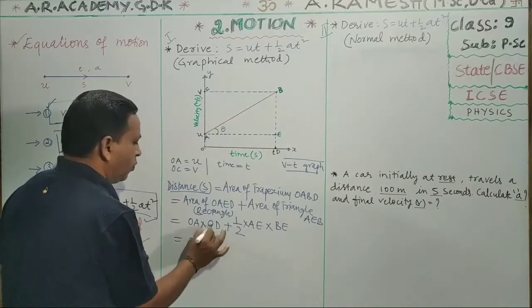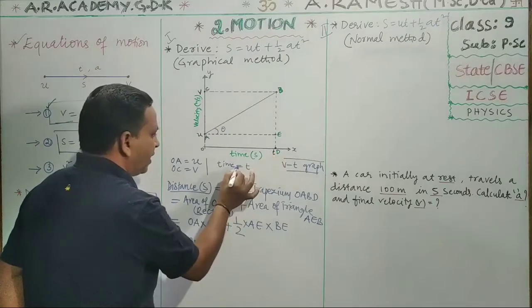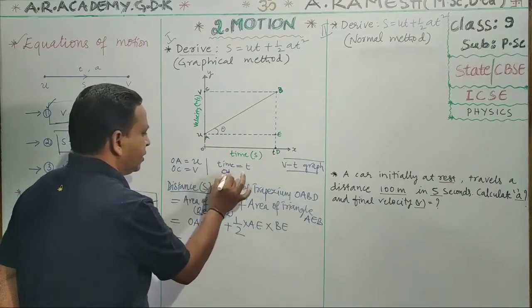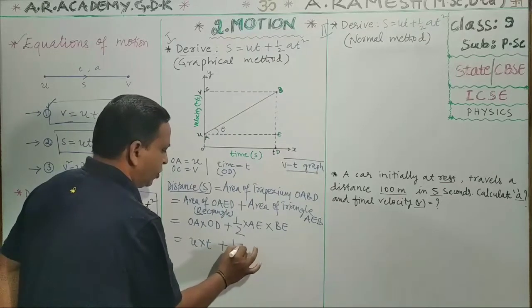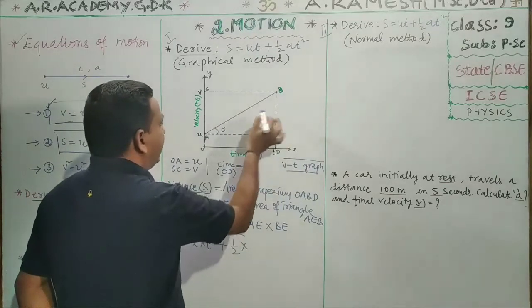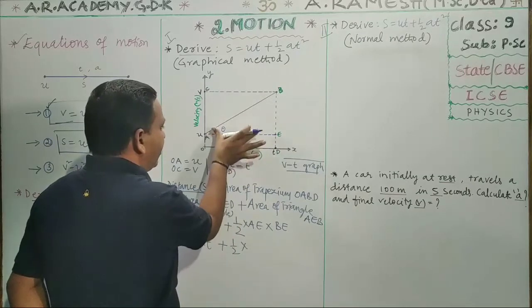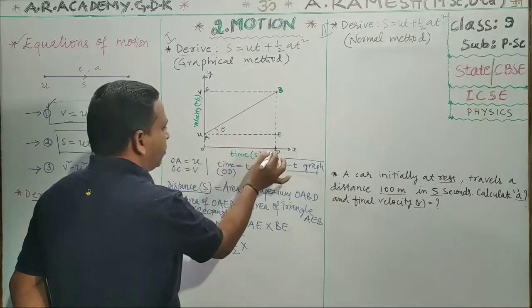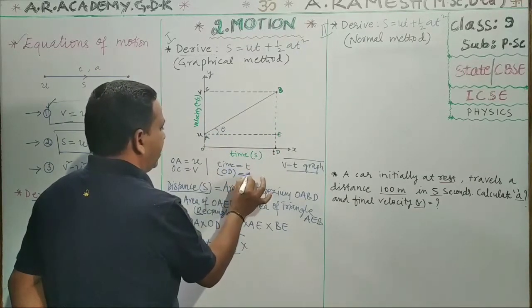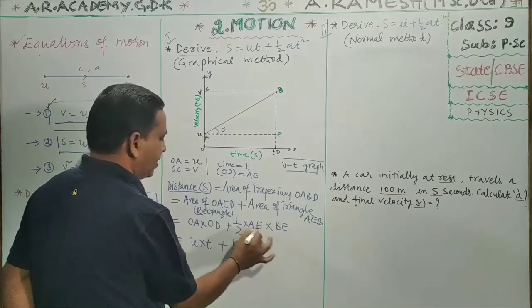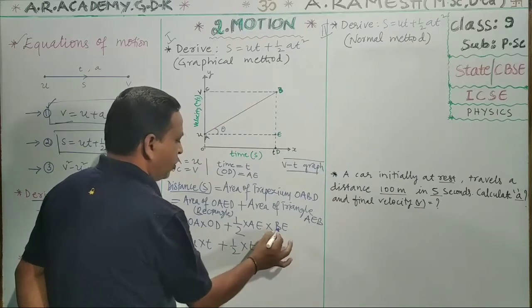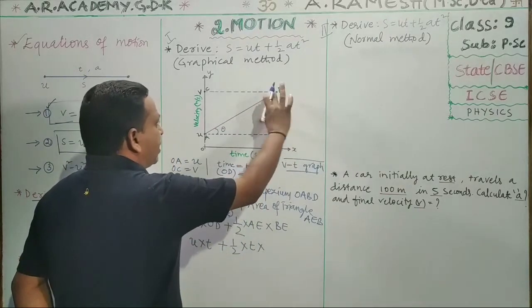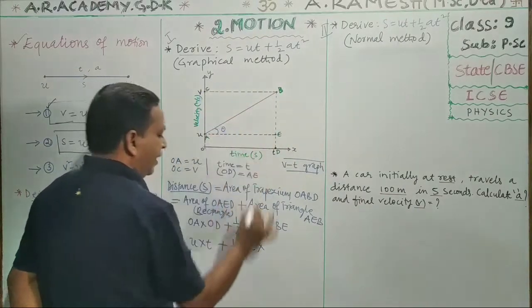U. OD from here is T. So OD is T. Plus half into AE. AE is nothing but OD, and OD is nothing but T, into BE.